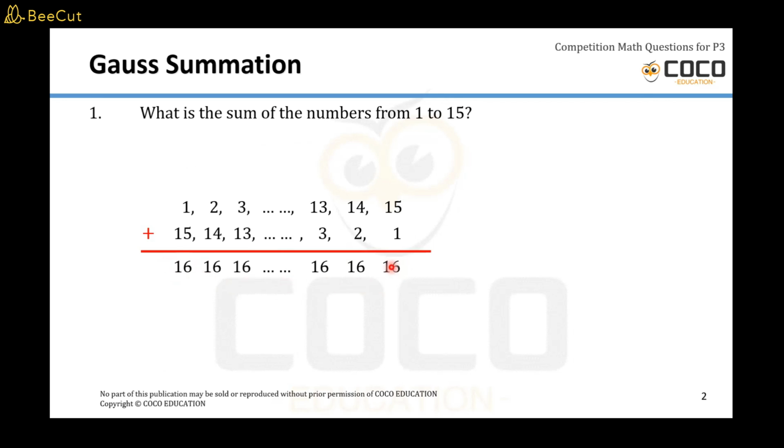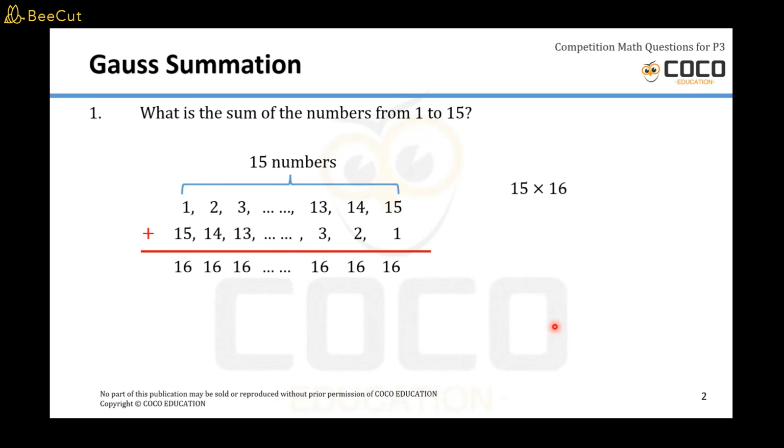So we just need to identify how many 16s there are from this set of numbers. From 1 to 15, how many numbers are there? We have 15 numbers. So we know that we have 15 groups of 16. So is 15 times 16 the answer?